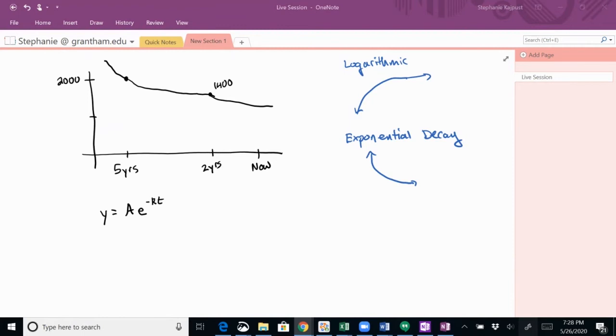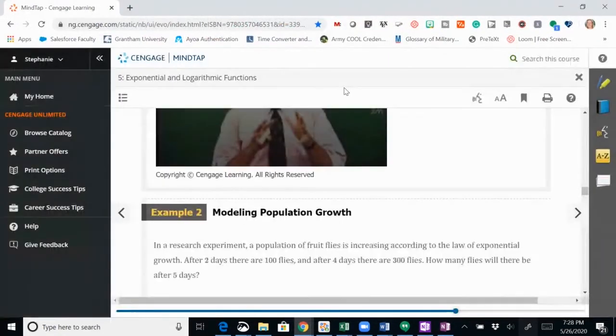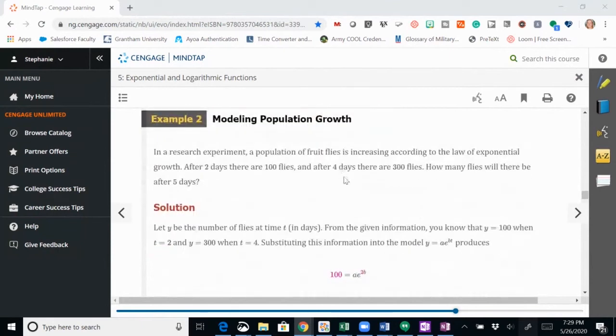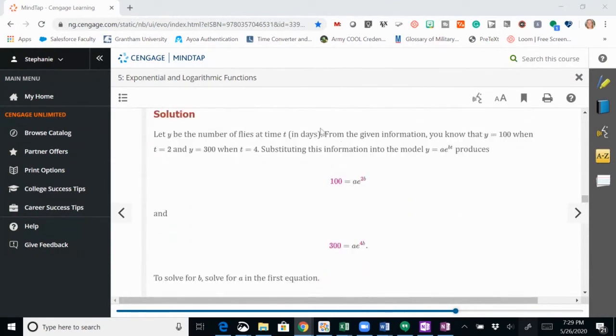Oh, here it is. Okay. So this is from 5.5, so I'm going to drag it over. So example 2, this is section 5.5, and they don't actually give it to you explicitly, but they're using this model right here. So I'm going to just highlight that.